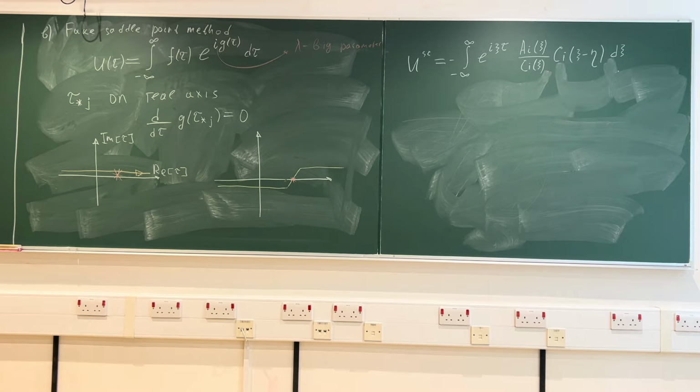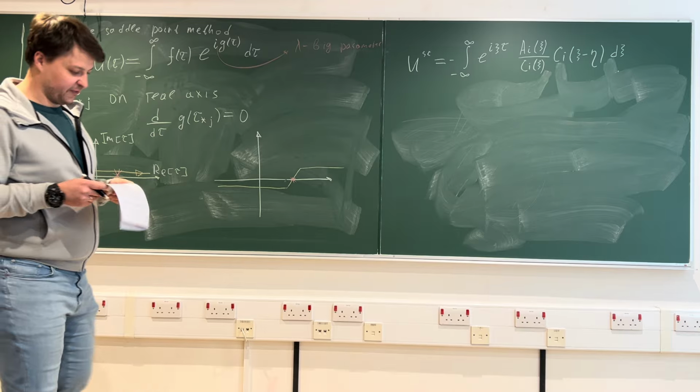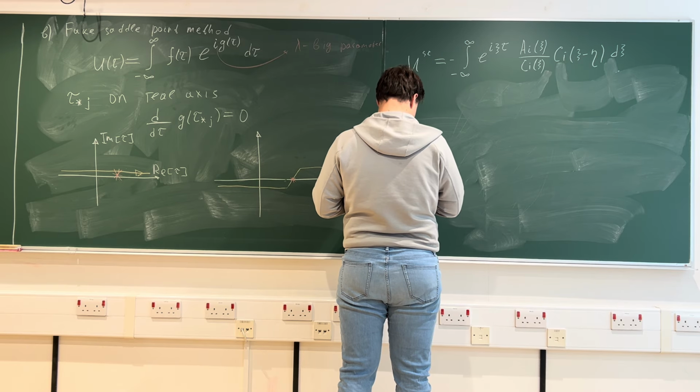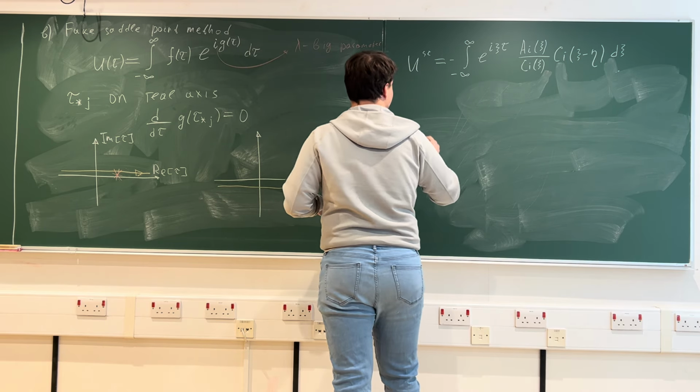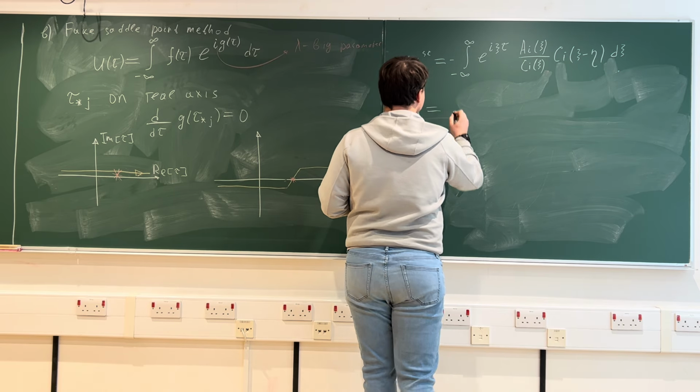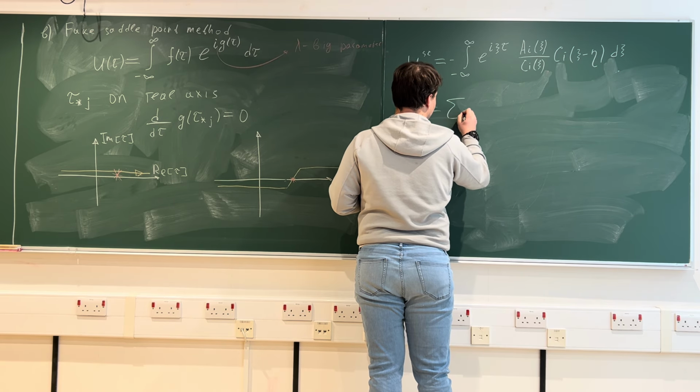And if we were able to find this point and justify something like this, we can say, okay, asymptotically our field behaves like this.